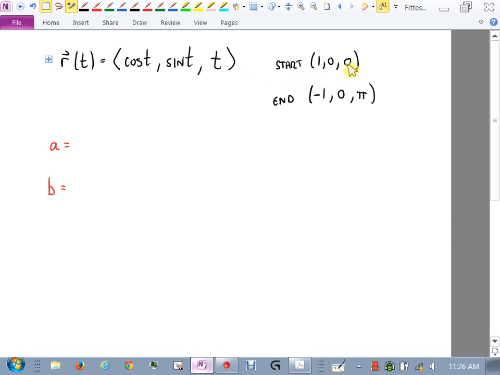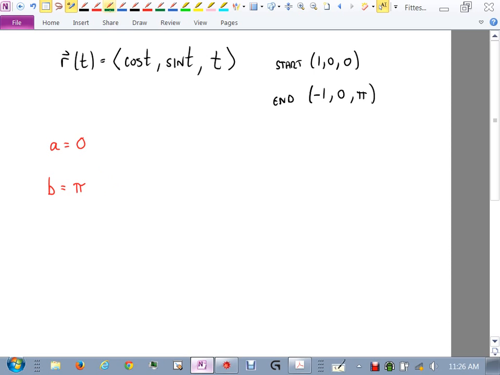Again, look, this last coordinate has to match up with this one right here. So t has to be 0. And then this one's almost as easy, right? Last coordinate t, pi. All right. It's subtle, but it's something we have to do in the problem to make sure we have these values, right?